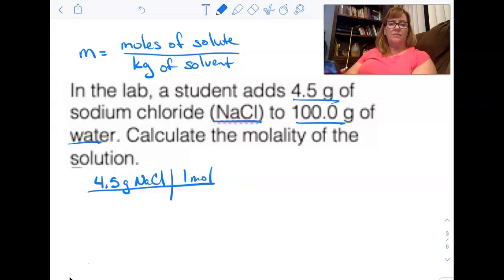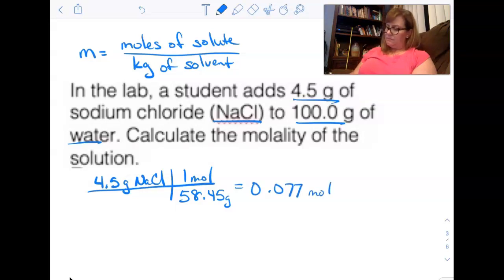And then chlorine is 35.45, I believe. So the molar mass is 58.45 grams. 4.5 divided by 58.45 is 0.077 moles. Now, to put that into our formula, that's going to be our numerator.